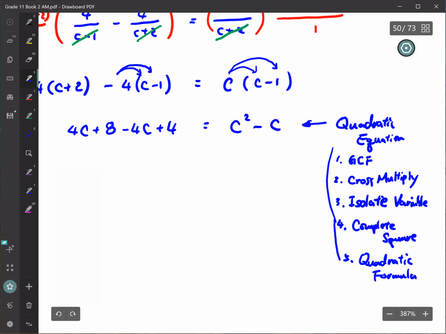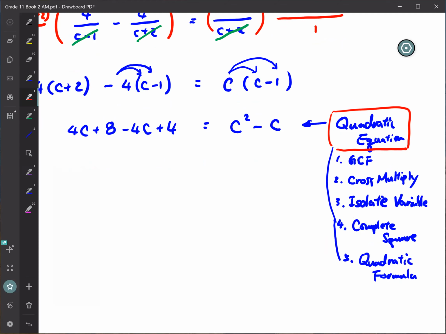Okay, so these are the methods to solve a quadratic equation. You will recognize it's a quadratic equation if the equation has a square on the variable. If you want to refresh your memory of how to solve, you go back to book 1, quadratic equation.